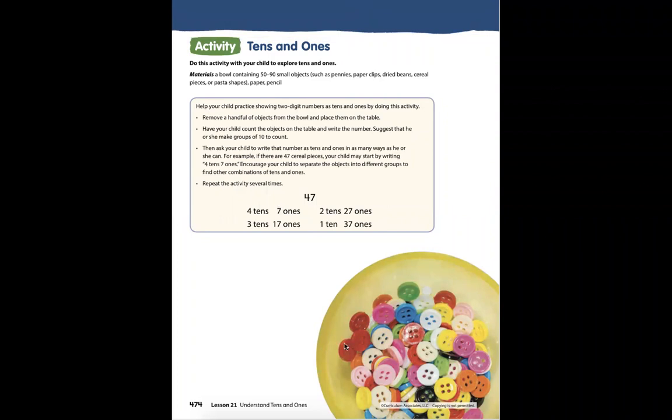You can get a group of objects containing anywhere from 50 to 100, or 90 or 70, it doesn't matter, just a group of objects. And your child can look and group them into groups of tens, understanding that when you count them by tens, it makes it quicker to count.